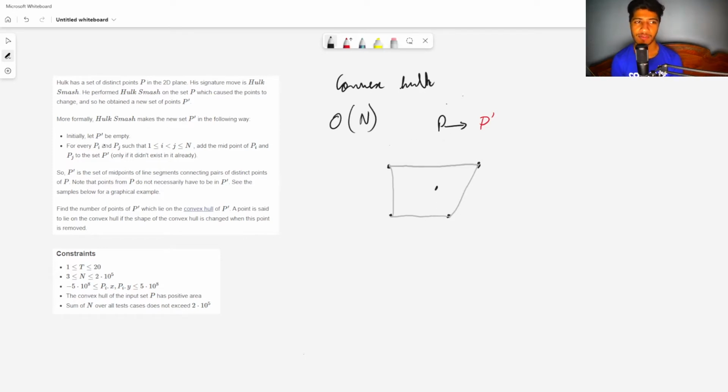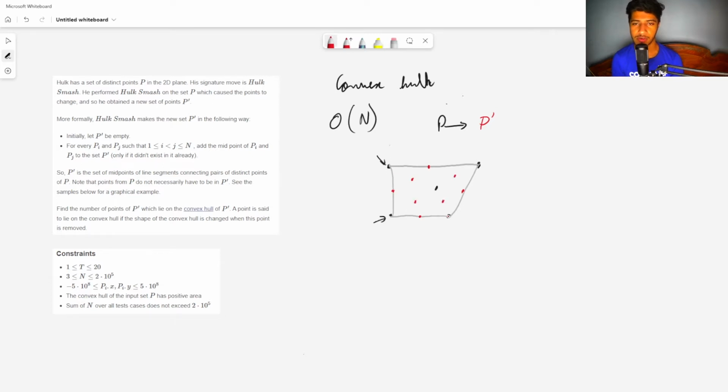Now, for every pair of points Pi and Pj such that i and j are not equal, you add the midpoint of Pi and Pj to P dash. So for these black points, you'll have a point in P dash which is their midpoint. Similarly, you'll have midpoints of every pair of points. These 2 points will have their midpoints here, here, here, here.